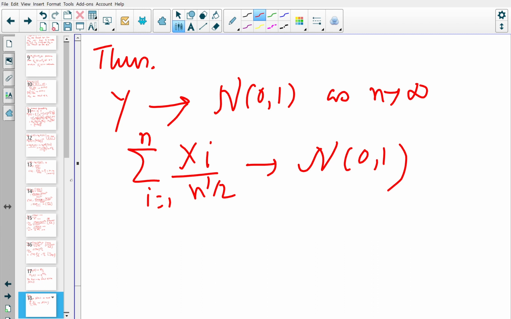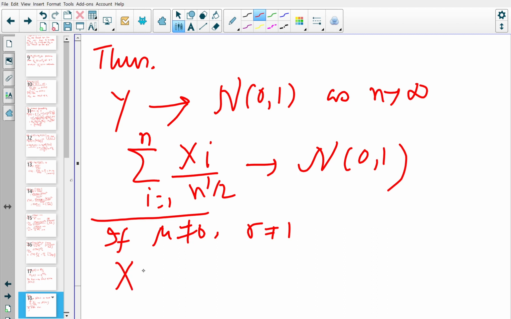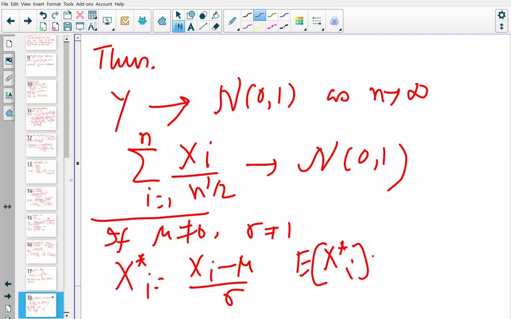Now if mu is not equal to 0, and sigma is whatever, in the general case, then you write down your new random variable, say X_i star, as (X_i minus mu) by sigma, right? Now you check that your new random variables are also IIDs, their expectation is 0, and the variance of this X_i star is also 1.